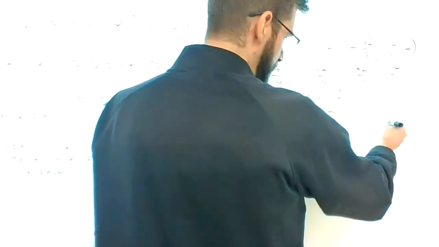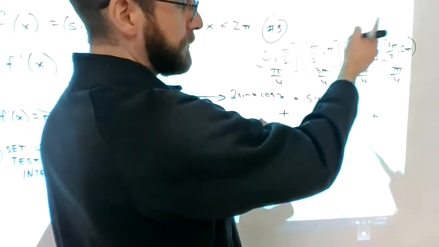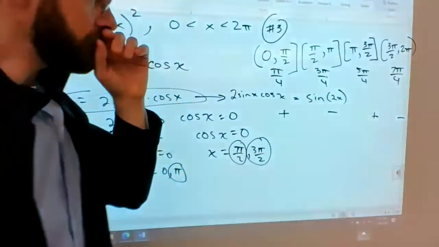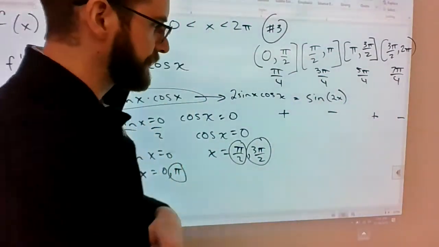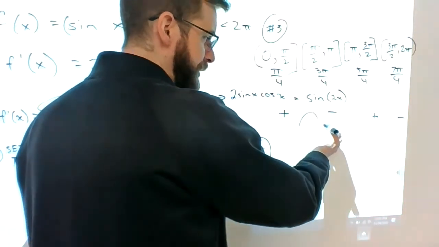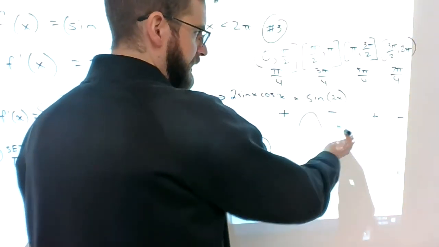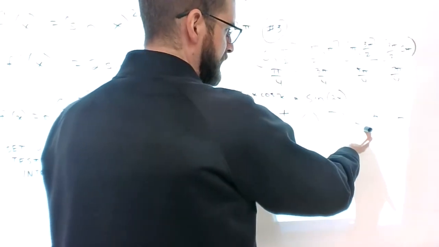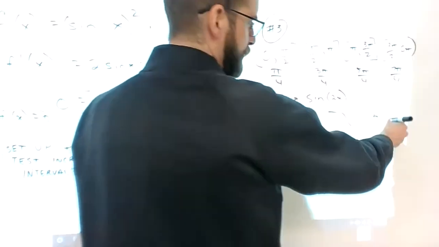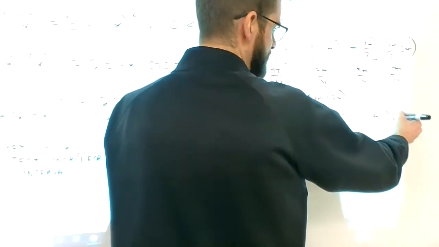So now we're back to positive. 7 pi over 4 becomes 7 pi over 2. We're back to negative. So you're going from increasing to decreasing, decreasing to increasing, increasing to decreasing.